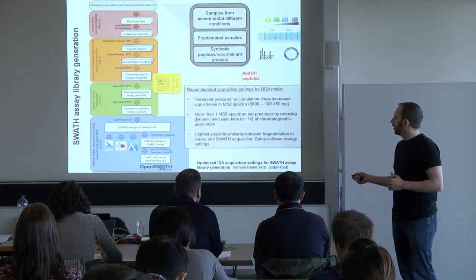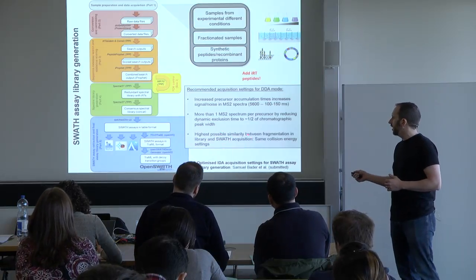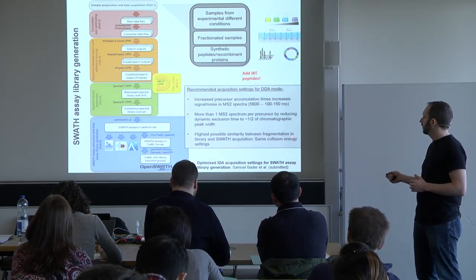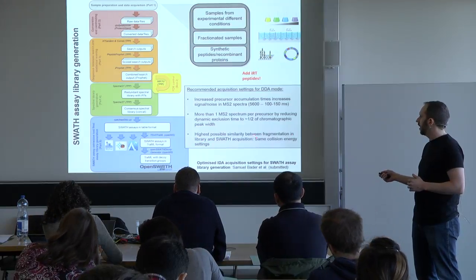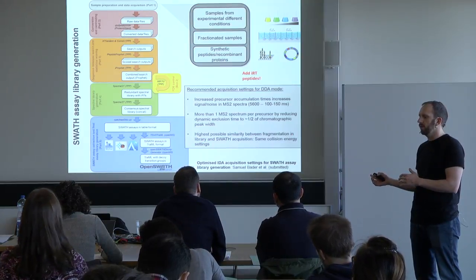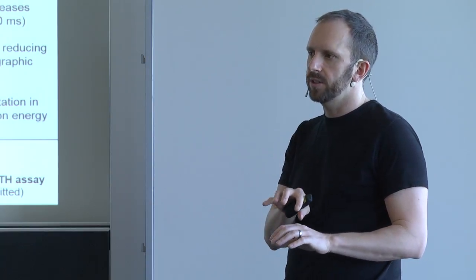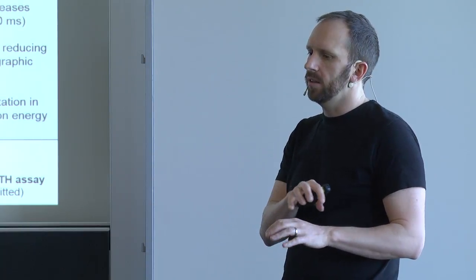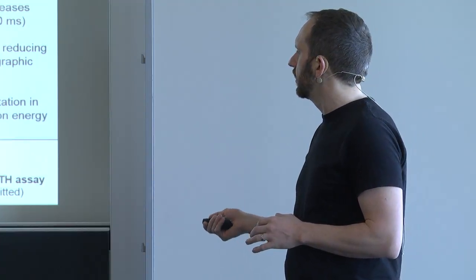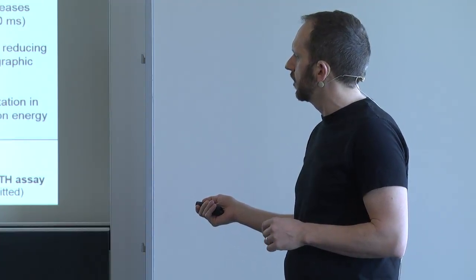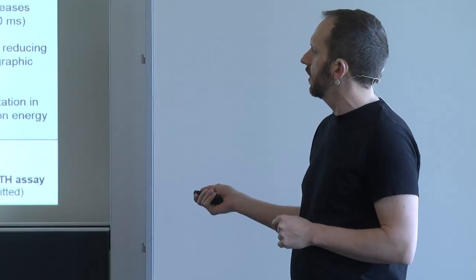We also think it's useful to try and get the highest possible similarity between fragmentation in the library and the SWATH acquisition, right? So you know that if you change the collision energy, this can probably change the relative intensities of the fragment ions in the DDA analysis. And I'm not sure if we talked about this, but I think it came up with Jake.